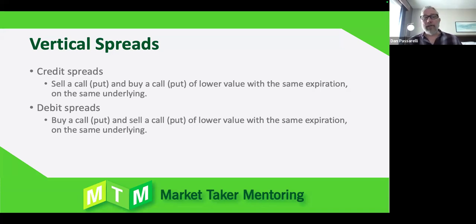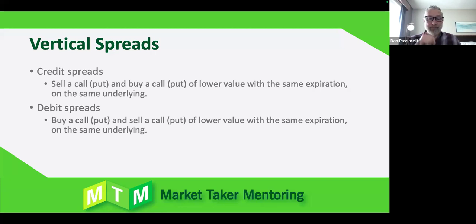There are two types of vertical spreads. The first is a credit spread, and the second is a debit spread. A vertical spread is when you sell one, I'll start with calls, they could be calls or puts. You sell one call and buy a different call with a different strike. Both of the calls have the same expiration date.